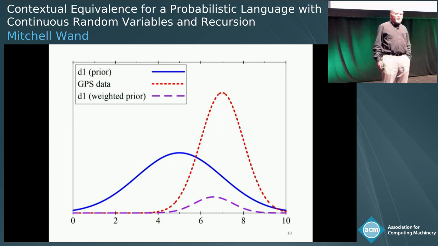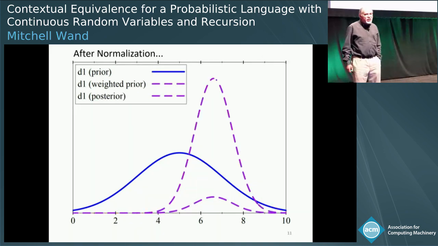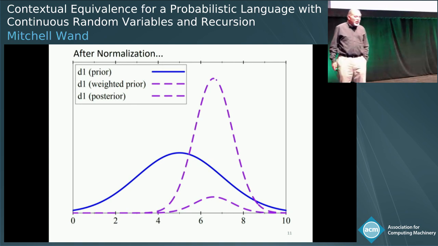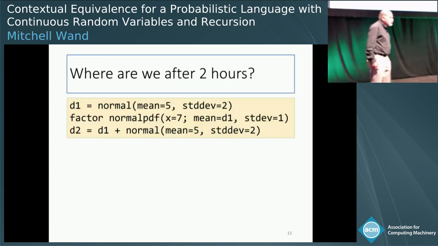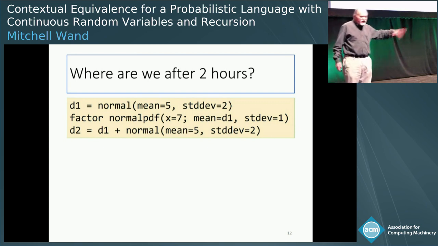Now, of course, that is not a probability distribution because we just multiplied 2 probability distributions, so we get something smaller. So we can normalize that to get the probability distribution, a distribution that shows the probability of my position after 1 hour. Where am I after 2 hours? Well, my distance after 2 hours is where I was after 1 plus another hour's worth of walking, which is 5 with a standard deviation of 2.